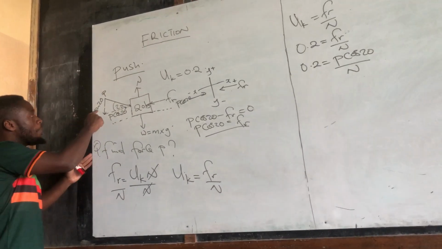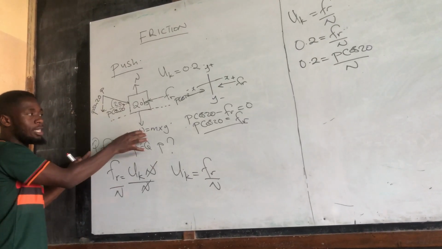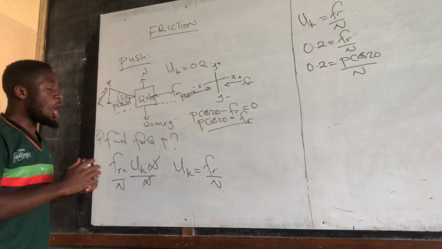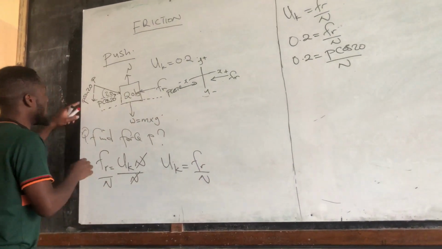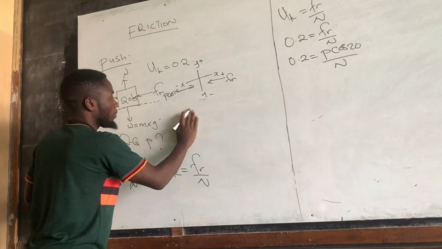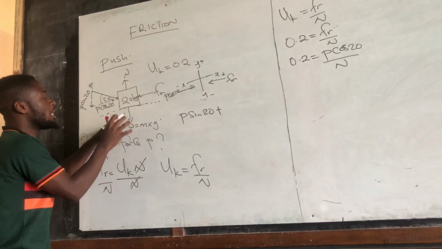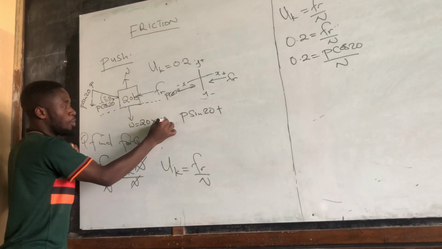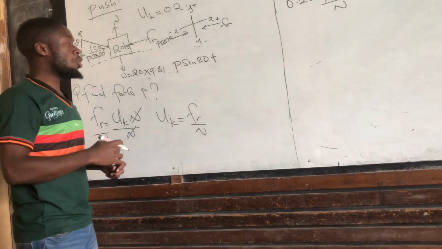So in this case, you can see that P sine 20 plus the weight, they are pointing the same direction. So we need to add them. Then they will be equal to the force facing the other direction, which is the normal force. So the equation is P sine 20 plus the weight. We know that the weight equals mass times gravity, which is 20 multiplied by 9.81, which is equal to 196.2.